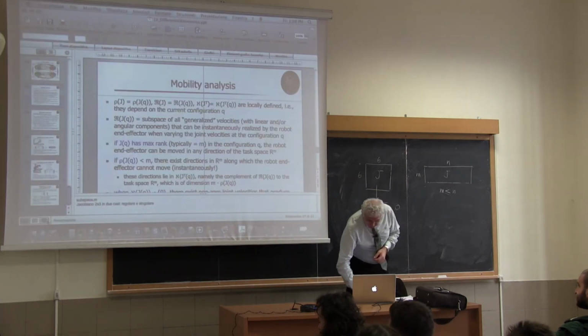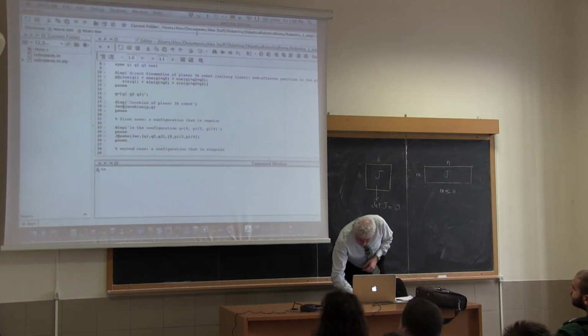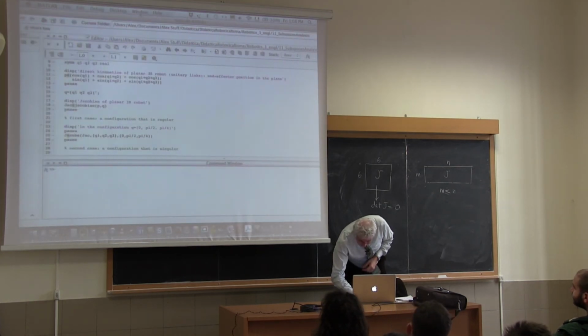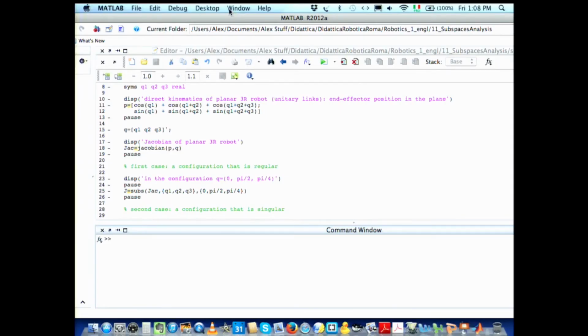I think that I can now show you some results. Here I have a small piece of Matlab code where I consider a planar 3R robot with unitary links, I guess.